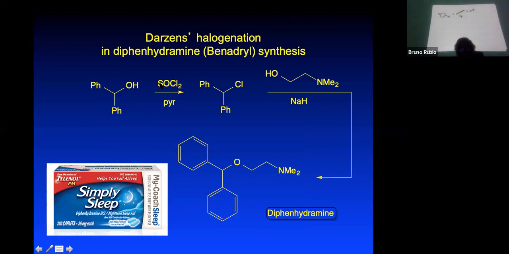This is secondary. Add thionyl chloride and pyridine, and that puts this good leaving group on it. And now this leaving group is kicked off by a nucleophile. We'll talk about that in a second. So this Darzens halogenation is used in the synthesis of Benadryl, which used to be an anti-allergy medication, but it has too many side effects. Principal side effect being somnolence. It puts you to sleep.